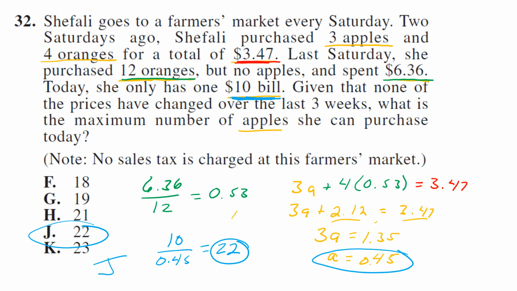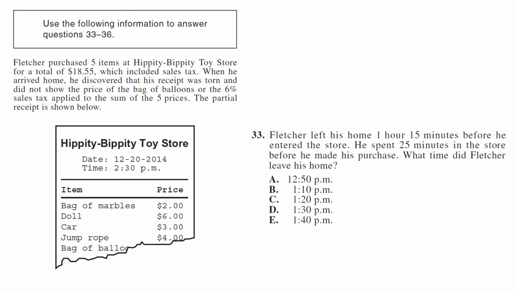It just takes time. Fletcher left his home 1 hour and 15 minutes before he entered the store. He spent 25 minutes in the store before he made his purchase. So if its purchase was made at 2:30, he was there for 25 minutes before he made his purchase.